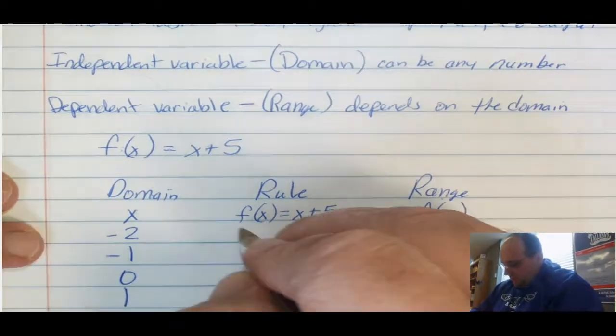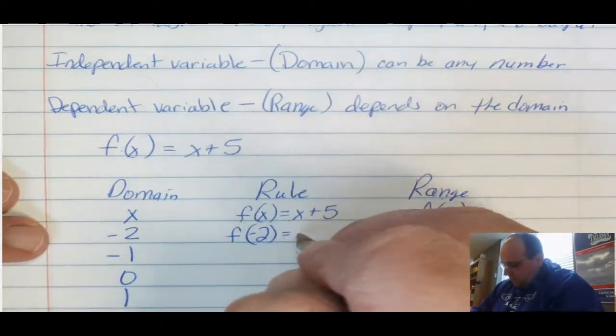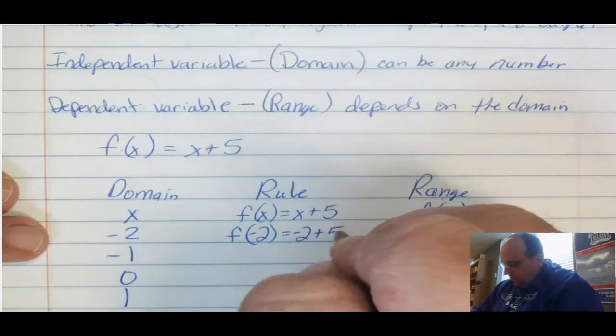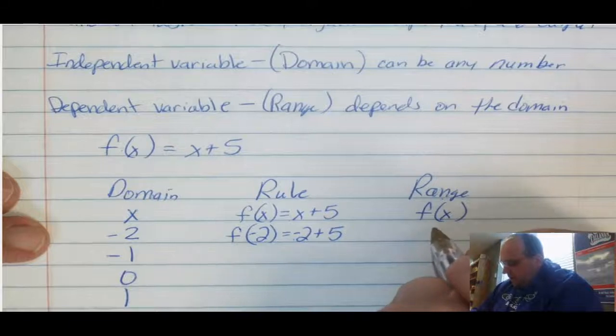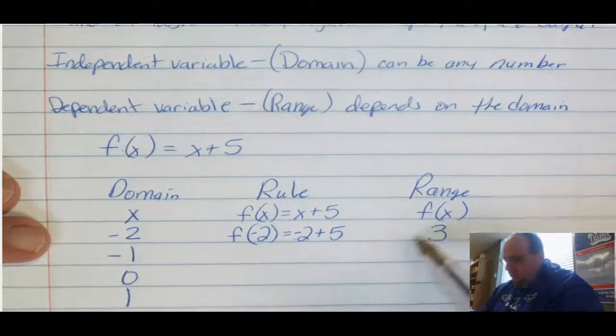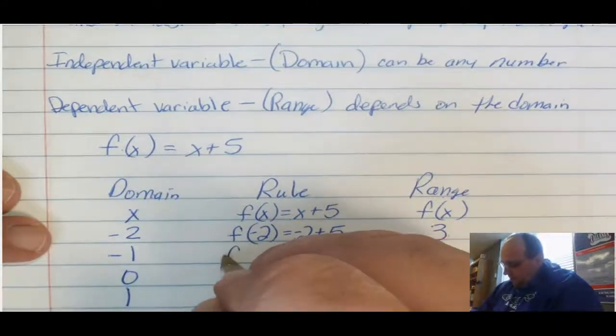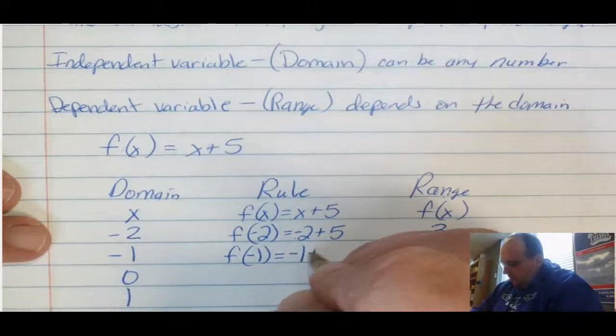So I'm going to take those domains and put them into the range. So I got function of -2 is equal to -2 plus 5. When I do -2 plus 5, my end result or my function is going to be 3, my output. When I put in a function of -1, I would have -1 plus 5.